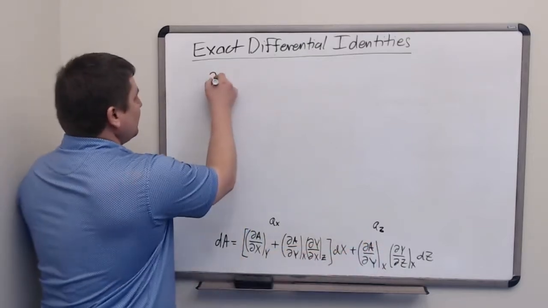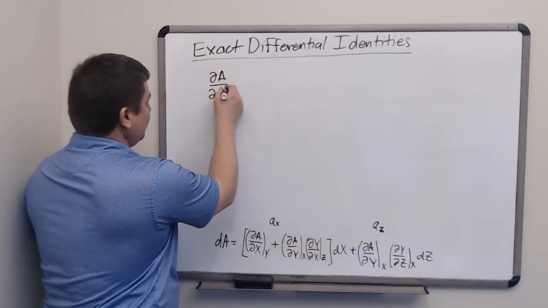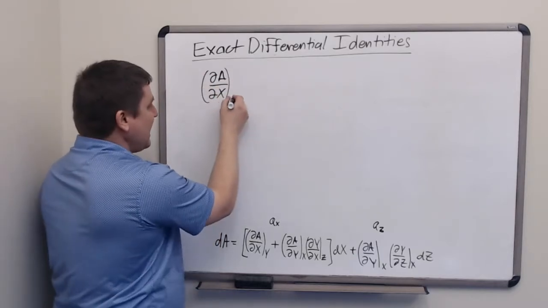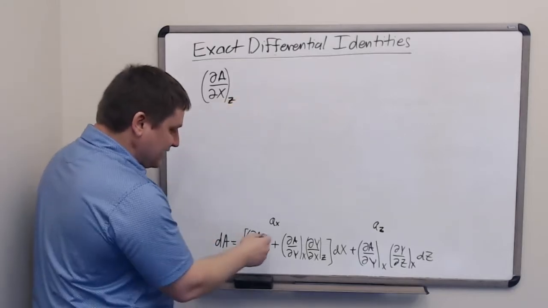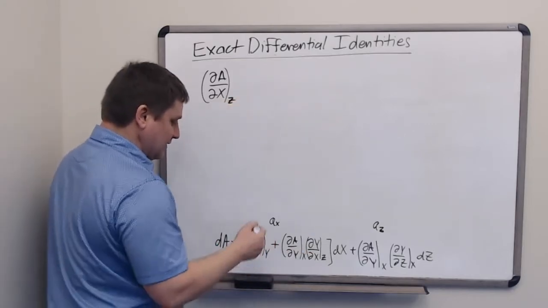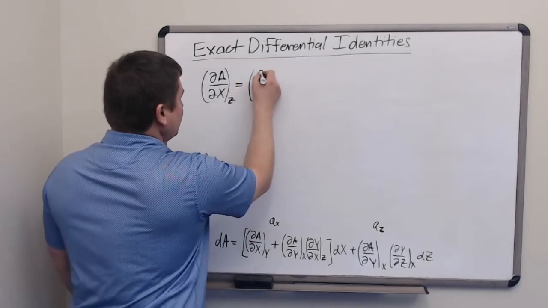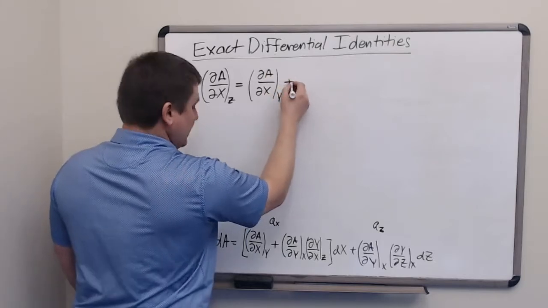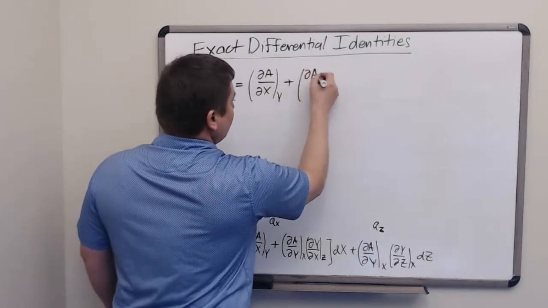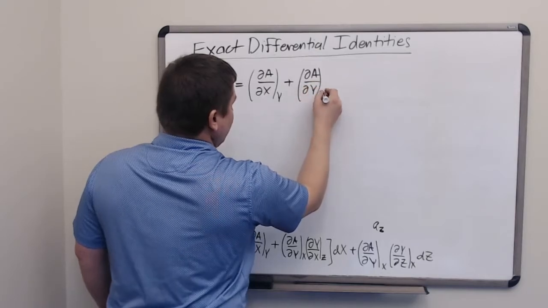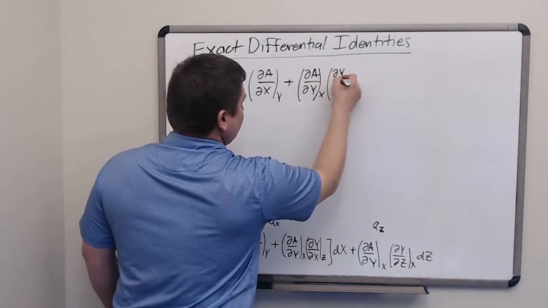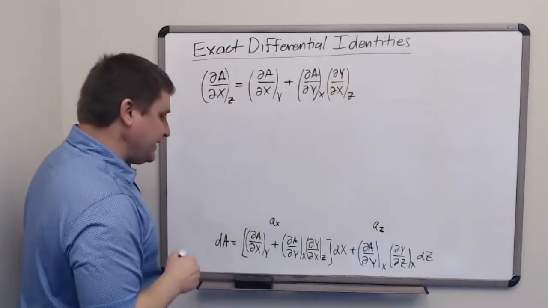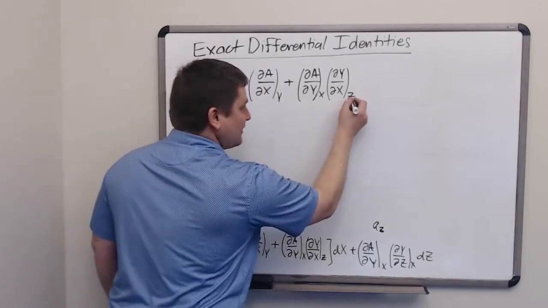So since a is an exact differential in terms of x and z, the partial of a with respect to x while holding z constant is equal to the things in this square bracket. So partial of a with respect to x at y plus partial of a with respect to y at x times partial of y with respect to x at z. So there's one identity. Let's just put a pin in that one, come back to it in a bit.